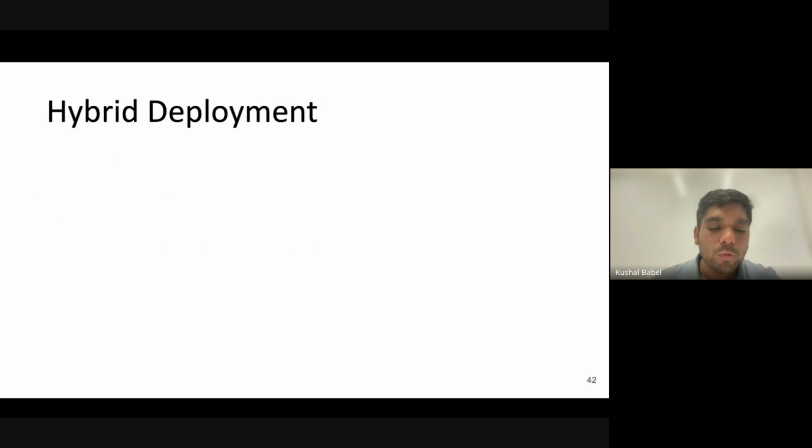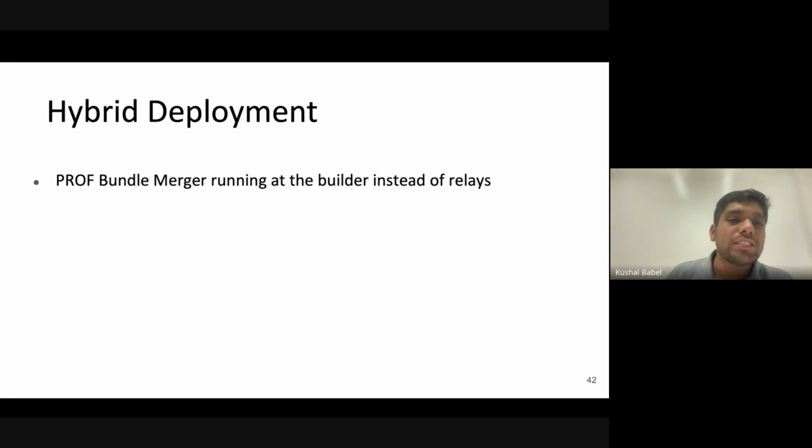Finally, I'll talk about one other consideration, which is hybrid deployment. Many relays are optimistic now, in the sense that they want to save on the latency of simulating the block. So appending the PROF bundle and simulating the final block might not be a possibility in the case of optimistic relays, in which case the bundle merging for PROF needs to happen at the builders.